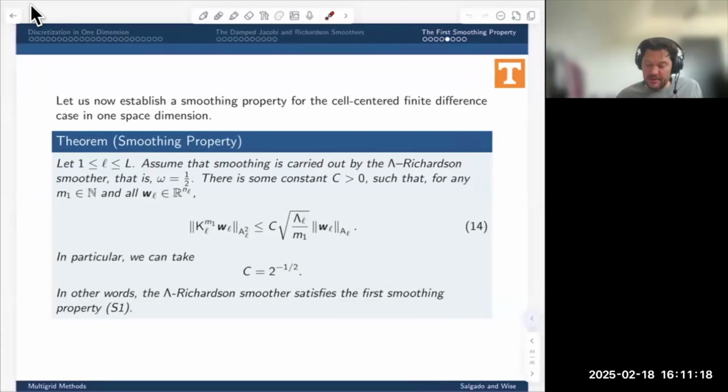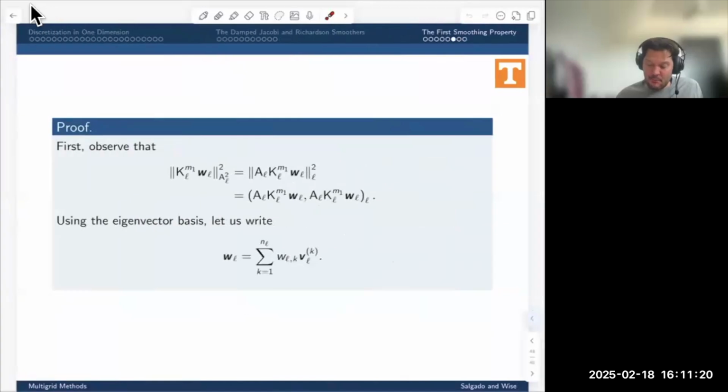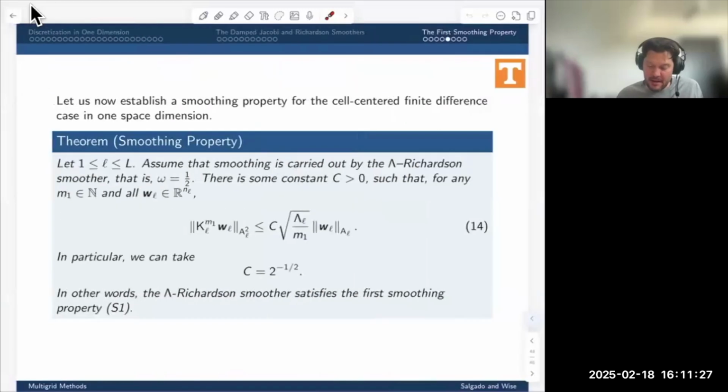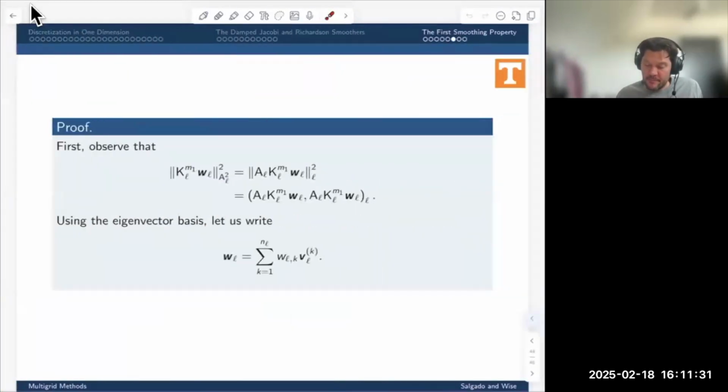So how do we prove this? Well, the first thing that we want to do is unpack the thing that we have on the left-hand side. If we square that, it unpacks as some sort of inner product.